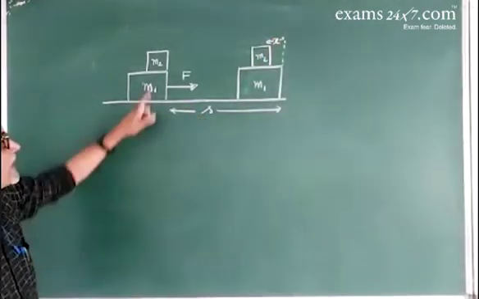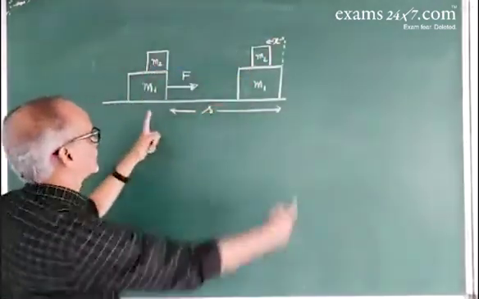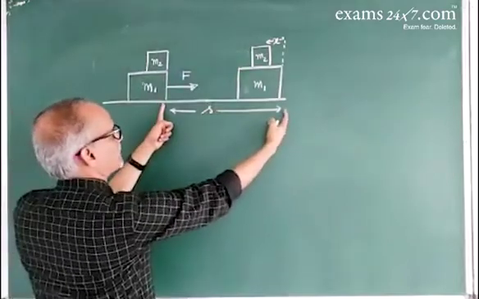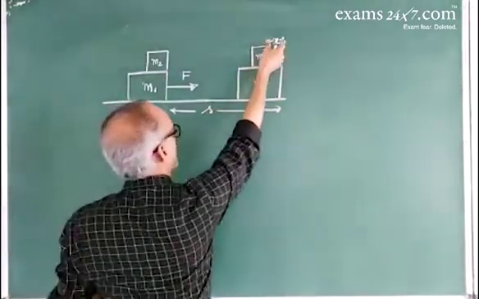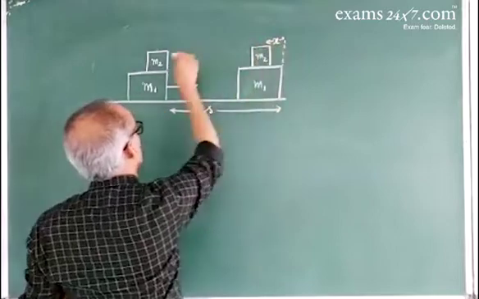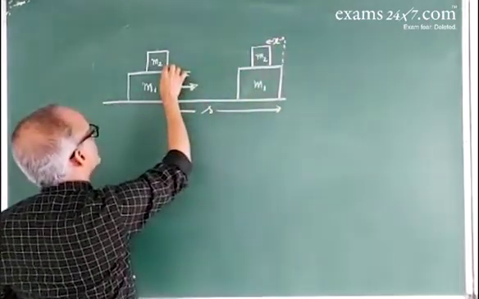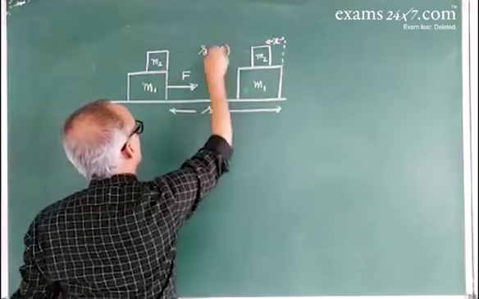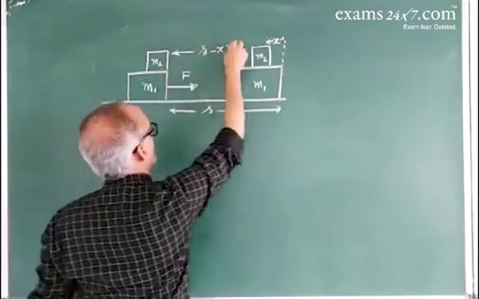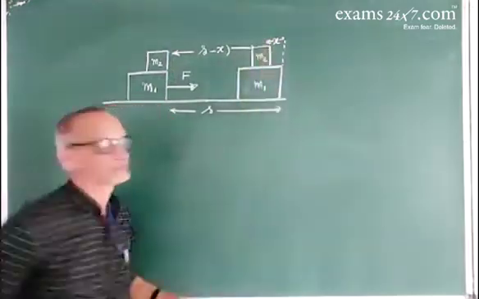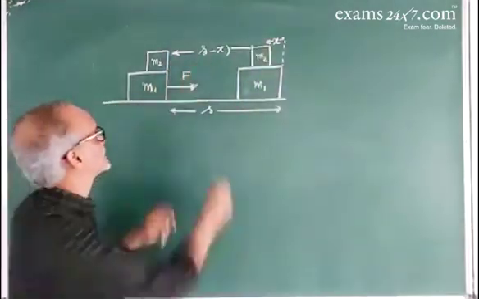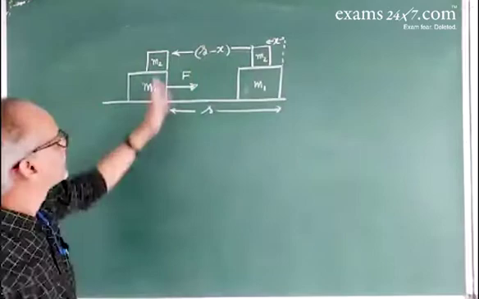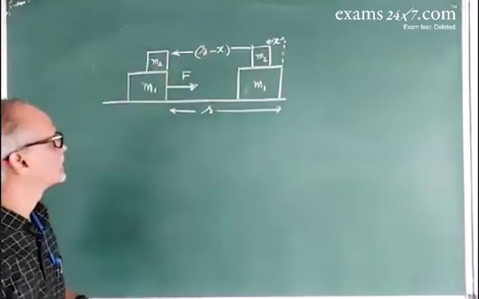So what is the net displacement of M2? This is S, and the block moves x distance backward. So now the displacement of M2 is S minus x. It is S minus x is the net displacement of M2.